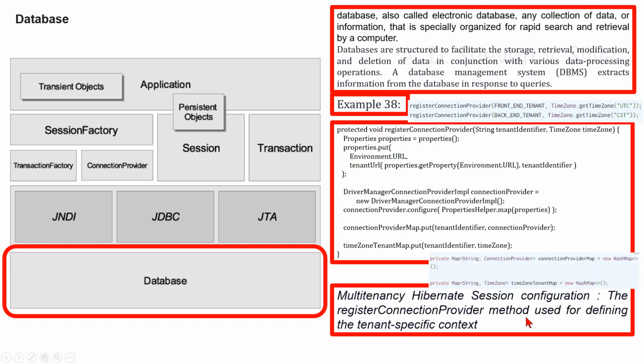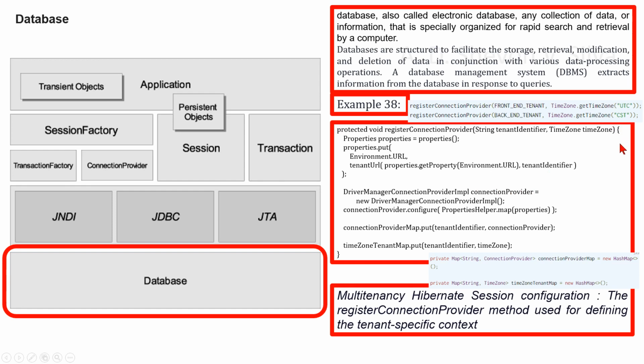Now we are considering multi-tenancy Hibernate session configuration. The registerConnectionProvider method is used to define the tenant specific context. When using multi-tenancy, you might want to configure each tenant specific session differently.